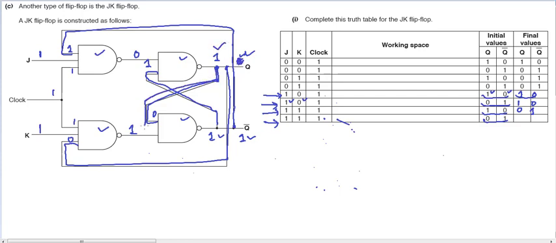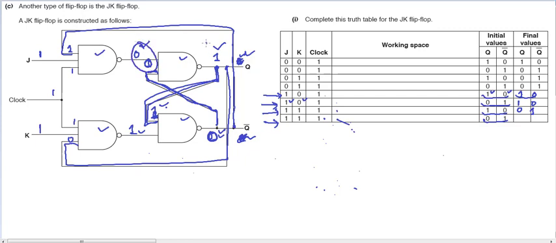Because it has changed, we are going to feed it back, see if this change is going to make any difference. We have 1 1 here, and when we give 1 1 here, the output is going to change to what? It's going to change to 0, right? Because the value has changed from 1 to 0, we need to feed this back to see if this is going to make any difference. We feed this 0 back, we have 0 0 at the input.